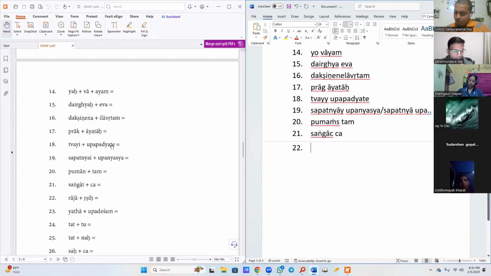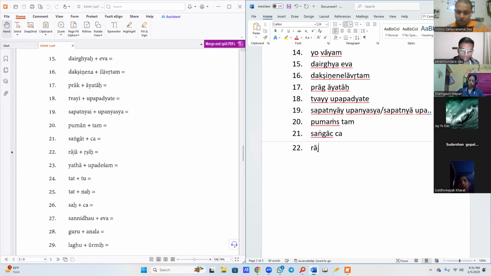Then Raja Rishi becomes Rajar Rishi. 23rd, Yatha Upadesham becomes Yathopadesham. Tattu. Okay, what will be 24th? What did you write in 24th? Tattu.